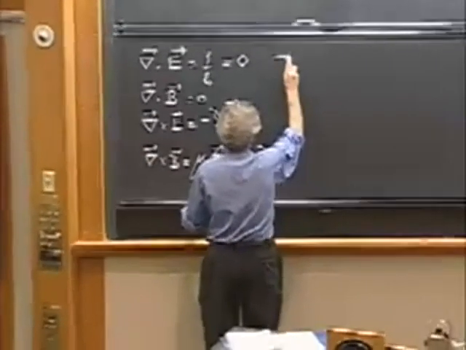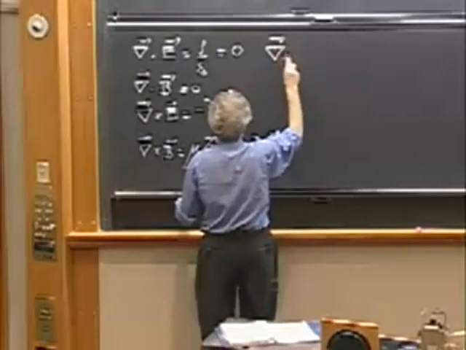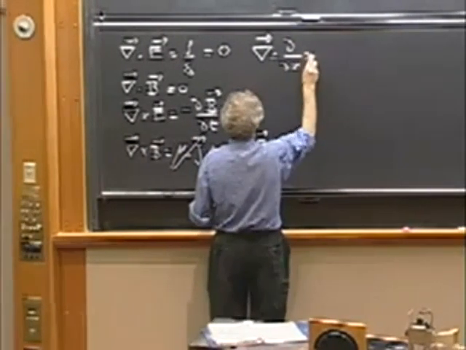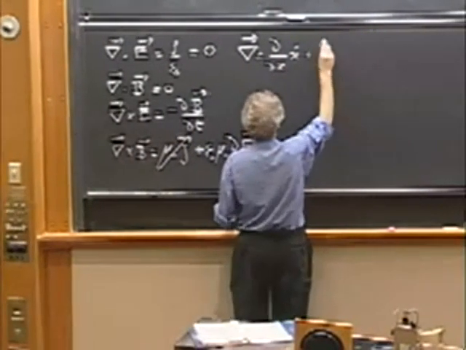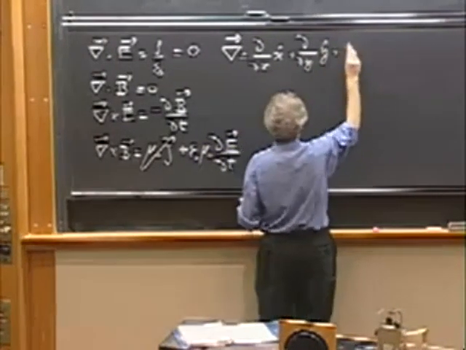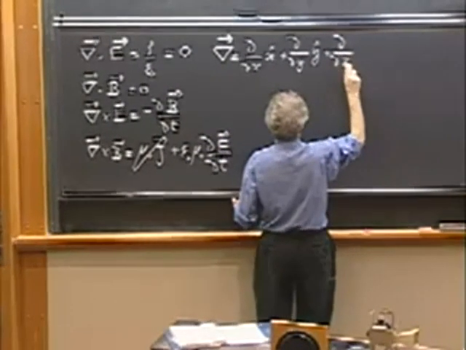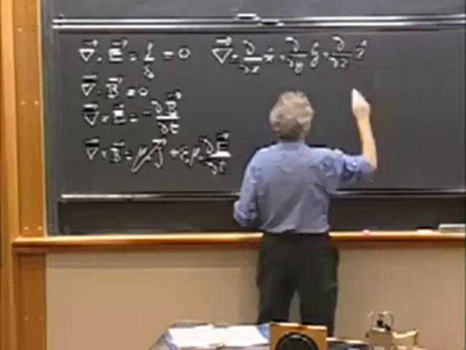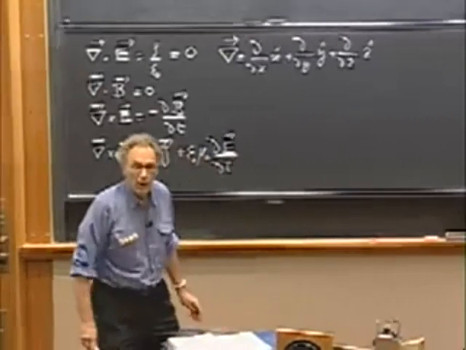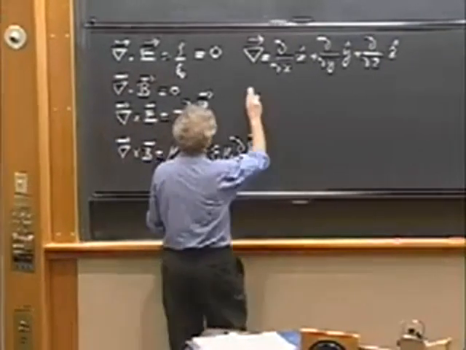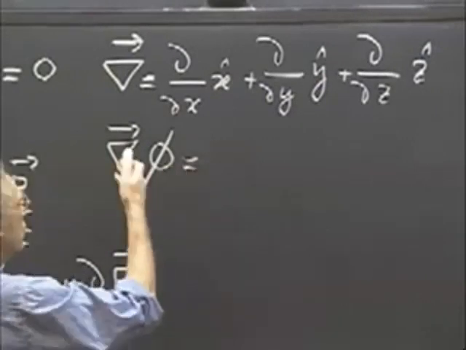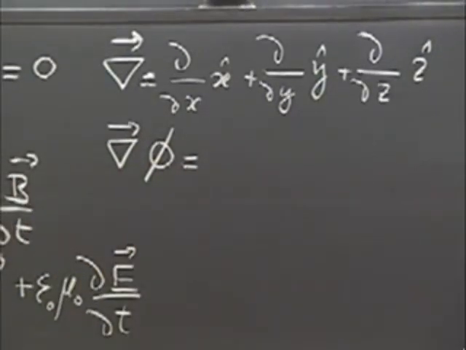The del vector is an operator: d/dx x-hat, plus d/dy y-hat, plus d/dz z-hat. If you apply the del vector on a function phi, this is called the gradient of phi.